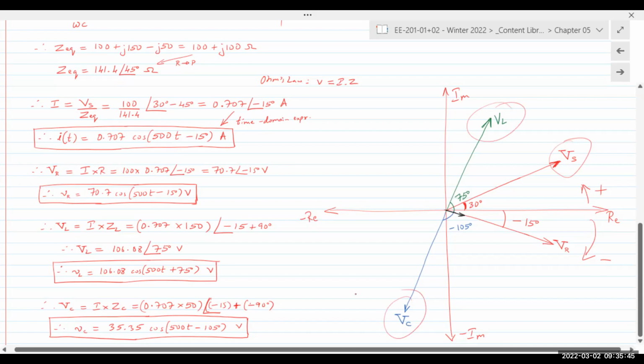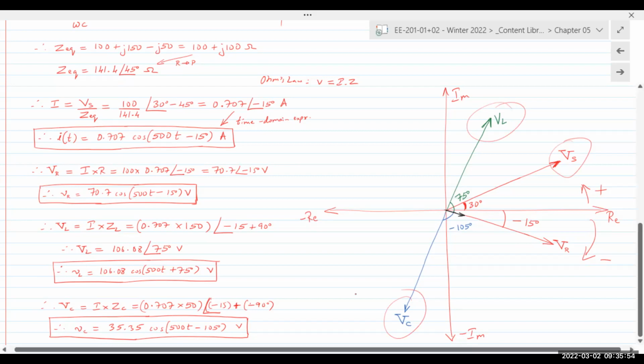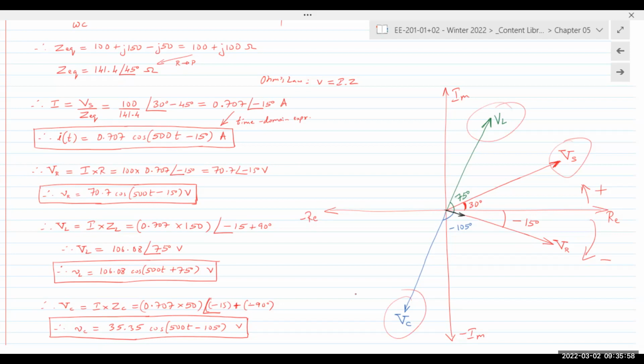VL and VC are phase shifted with respect to the current. The current's right here, very tiny in black ink. Plus 90 and minus 90 with respect to the current I. Because they're in series, they share the same current, and hence we can say that the inductor voltage and the capacitor voltage are exactly out of phase by 180 degrees.